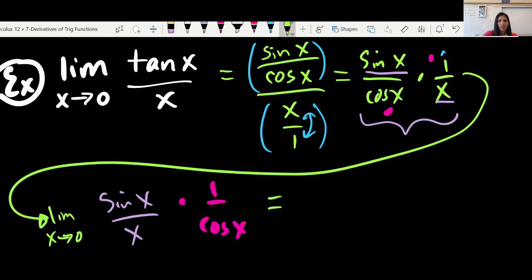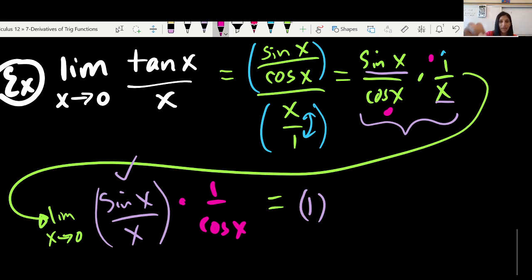And so when we work our way through both of these, well, we know that the limit as x approaches 0 of sine x over x is equal to the number 1. So I've dealt with that part. I've done the limit of it and everything, and I get the number 1.